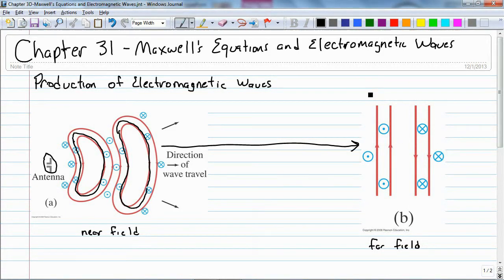And so these are called plane waves. These are the waves that we're normally getting when we listen to our radio and watch television. We're getting these plane waves.